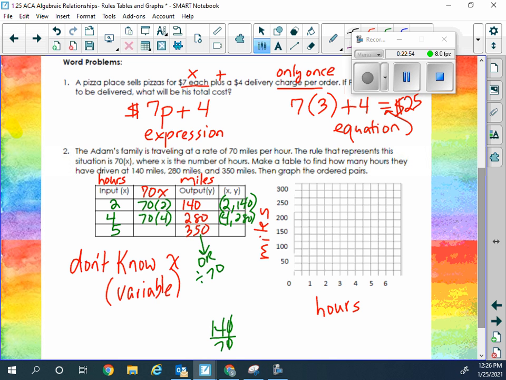Now, how many of you were kind of bothered that right now it goes 2, 4, 5? Anybody doubt? Why? Right, it's not in an equal pattern. Like you're thinking it should be 1, 2, 3, 4, or it should be 2, 4, 6. But they started by 2s and then they jumped to 1s. But that's okay. It should work out okay here. So then that would be 70 times 5. So that would be 5, 350. Go ahead and transfer your coordinates to your graph.